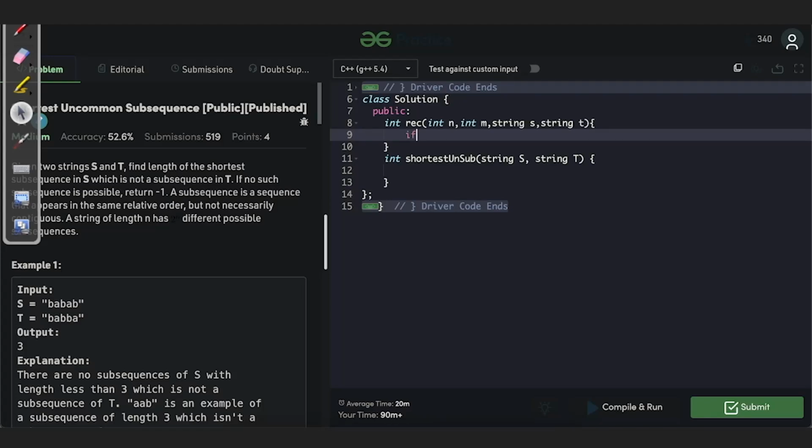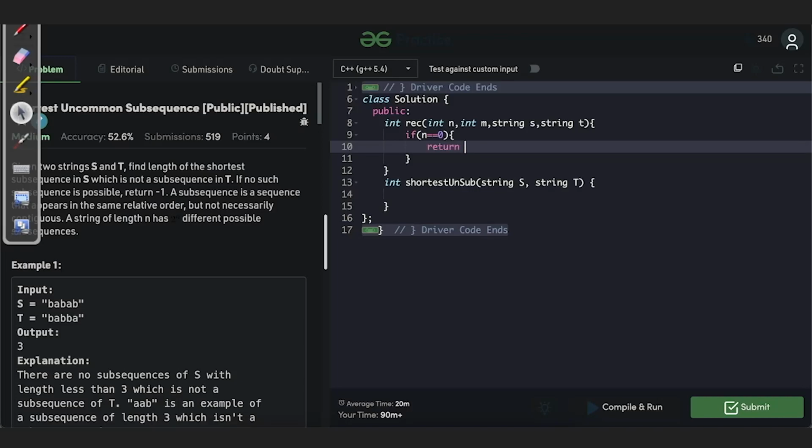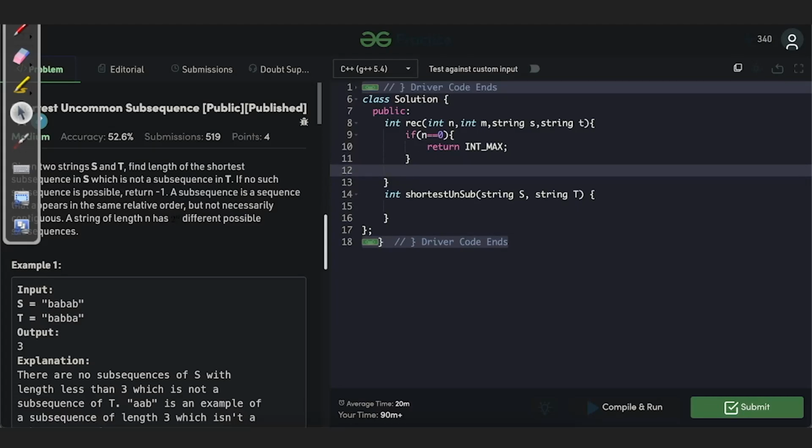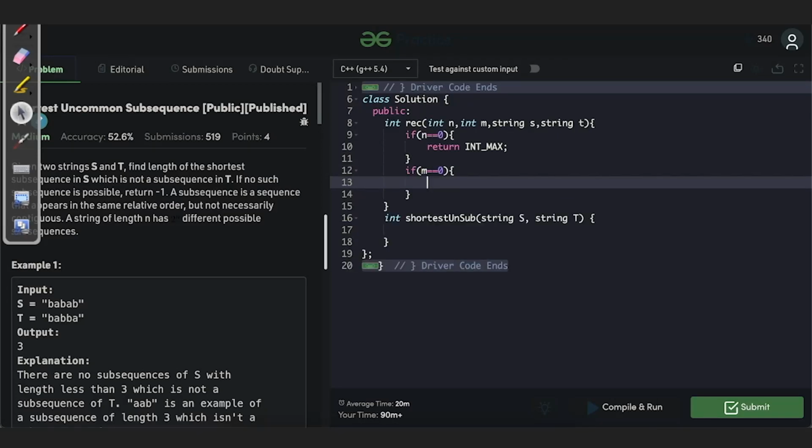So I would simply say that if n is equal to 0, we would return a very large value, that is INT_MAX. Why? Because if we just return -1, that would count in the minimum. So if m is equal to 0, then we would return the answer as 1. But suppose n is equal to 0.